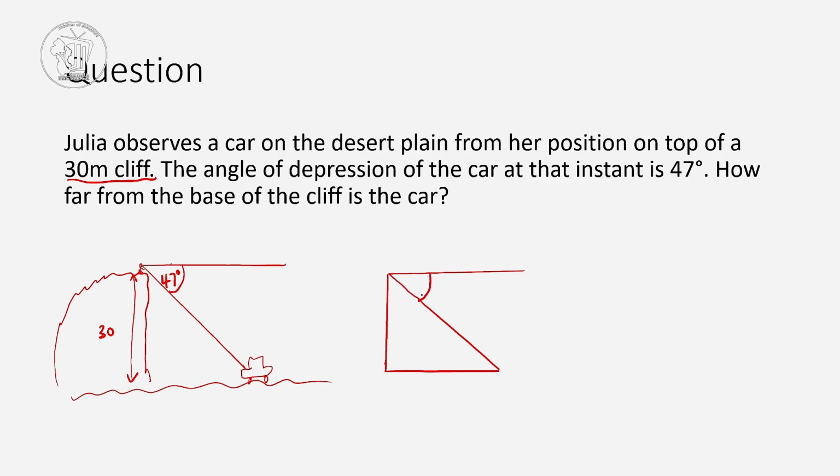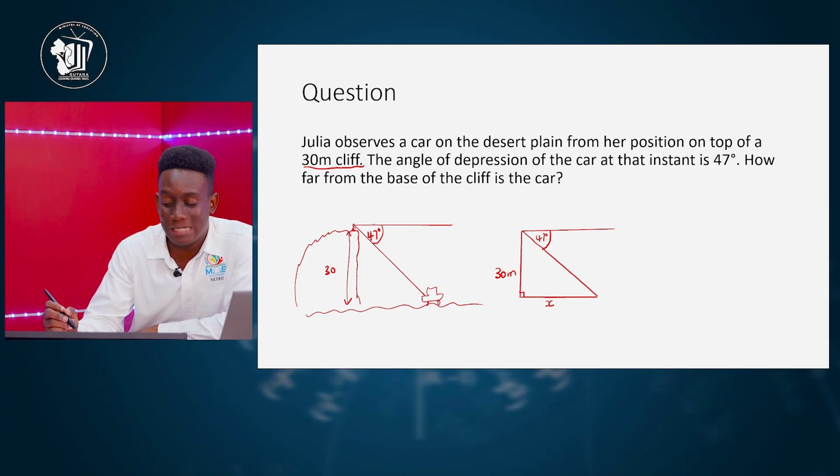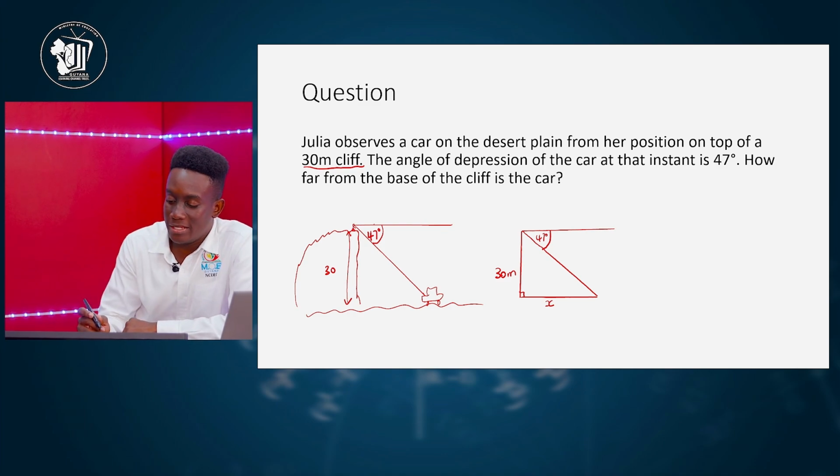So this angle formed here is 47 degrees, and we know this will be a right angle, and we know here is 30 meters. They want us to find how far from the base of the cliff is the car. So let's call this distance x. The car is here, and the base of the cliff is here. So the thing is, we don't know any angle in this triangle.